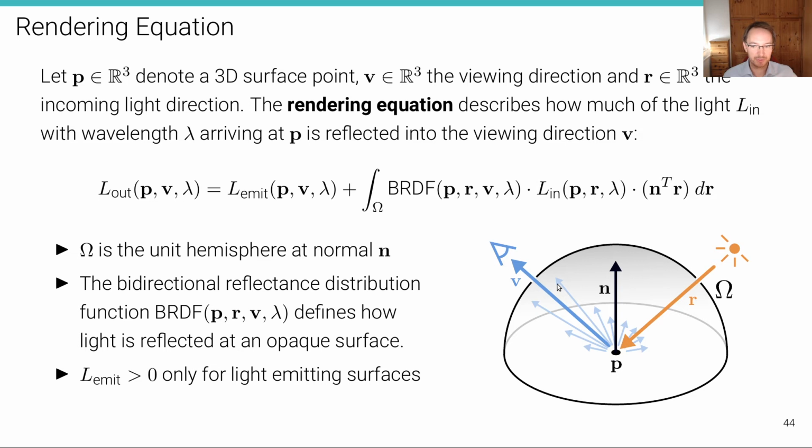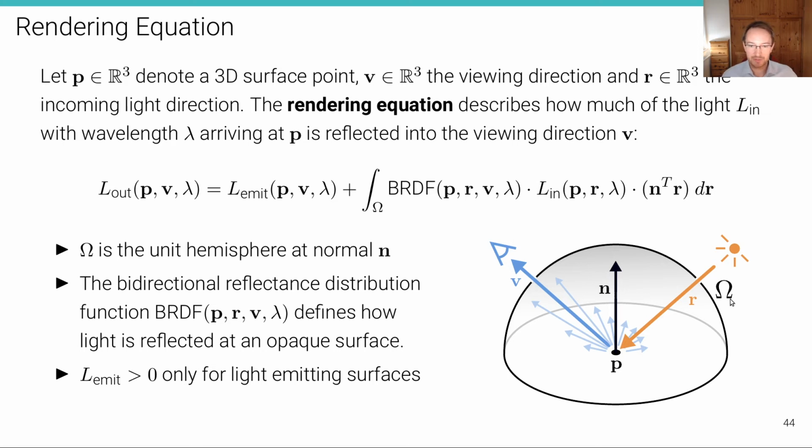Because the light that is coming in here is reflecting into multiple directions, we have to consider the light that's arriving at this point from all possible directions on the hemisphere where the light could potentially enter the scene and arrive at this particular surface point.